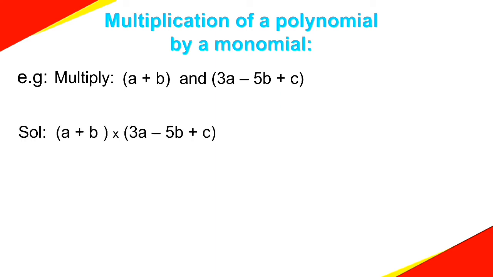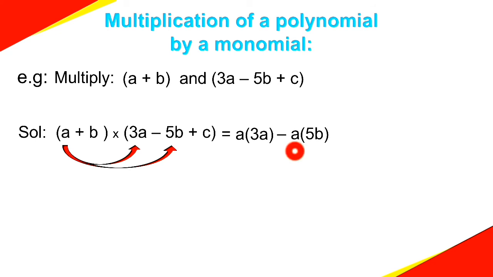Now we are going to solve that. a plus b into 3a minus 5b plus c. The first one, a into 3a. What is the next one? Minus a into 5b. What is the next one? Very good.